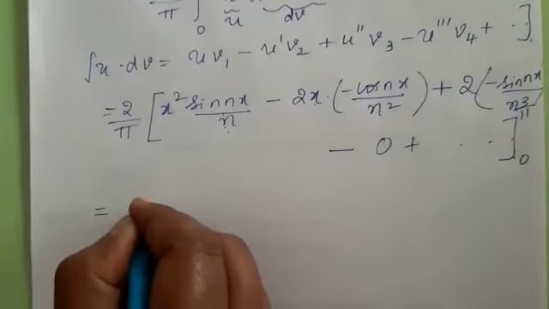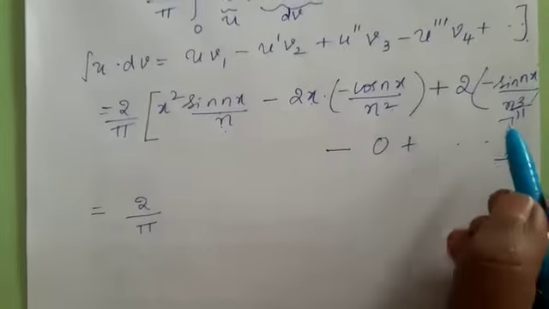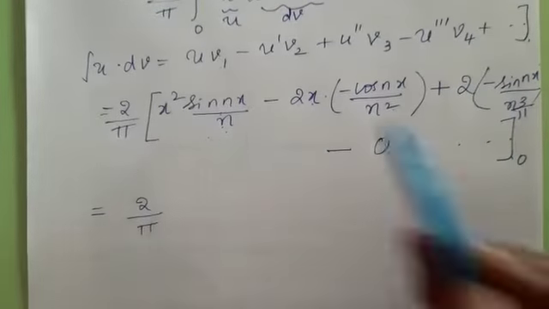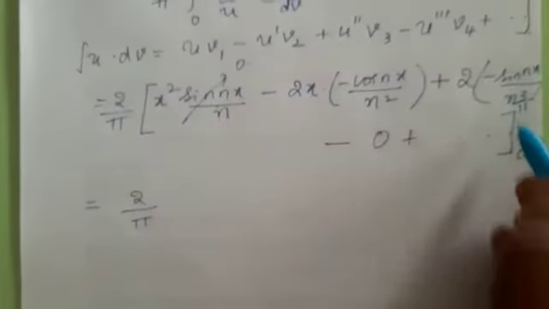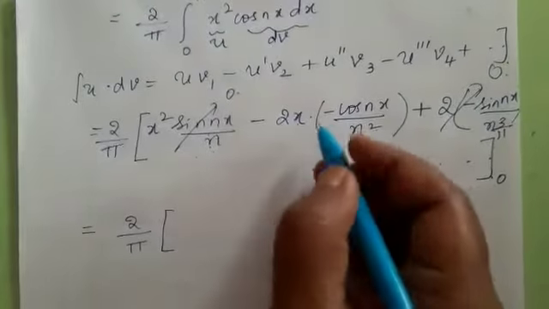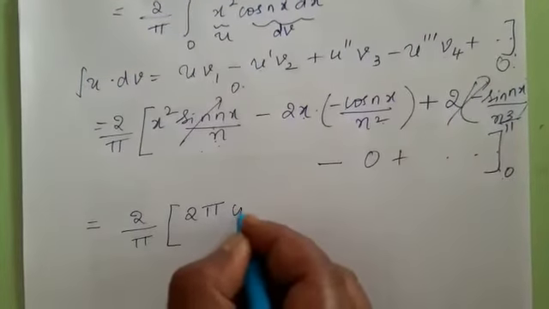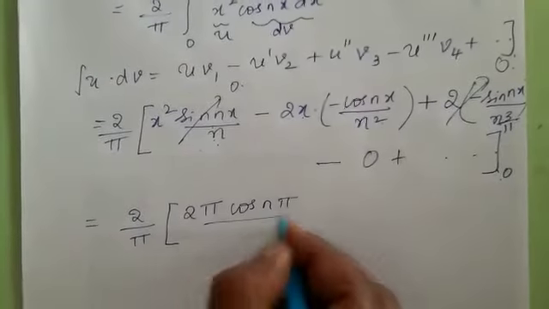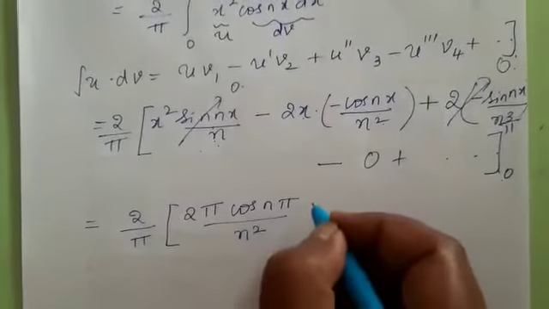So now that is equal to 2 by pi. Since when we substitute pi or 0, this whole sine term will be 0. So we are left with minus into minus, plus 2 pi cos n pi by n square, minus, this is the upper limit I have applied.